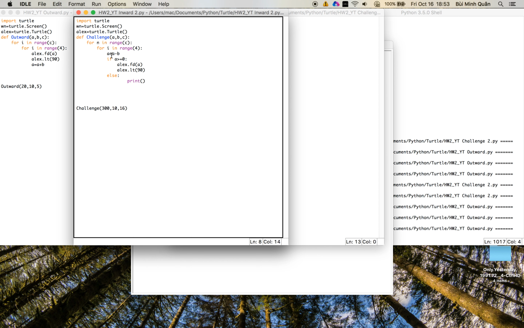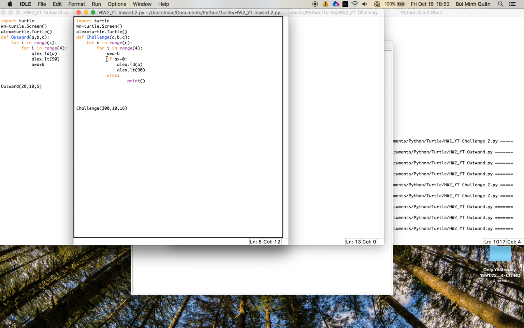It will not become the inward. The idea of the inward spiral is to make the square smaller and smaller. So I have to put a conditional, if and else, in this inward pattern.